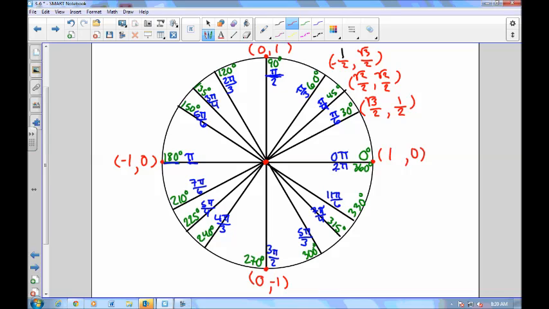So for the next, and this looks like a negative sign, that was an accident. Okay, for the next quadrant, set it up. Again, everything's divided by 2. All of those are divided by 2.